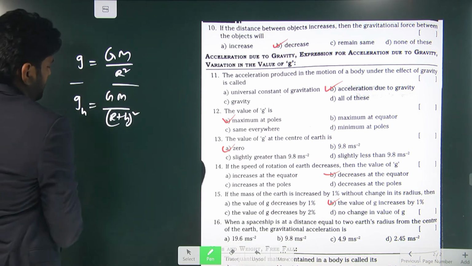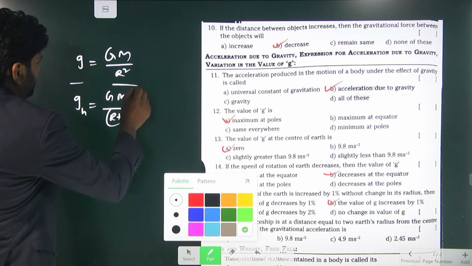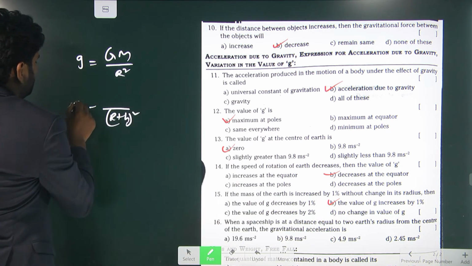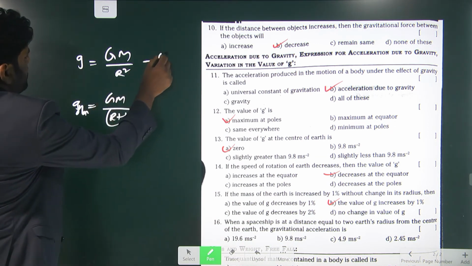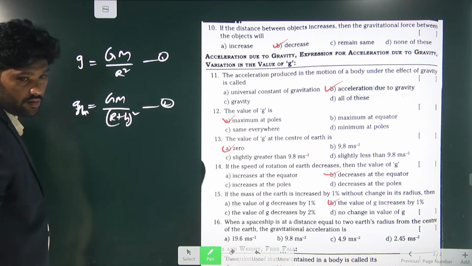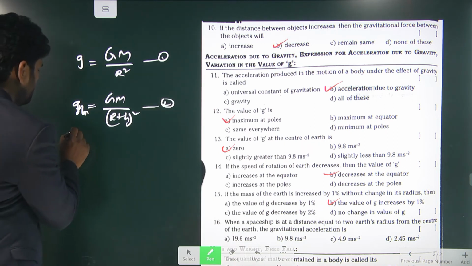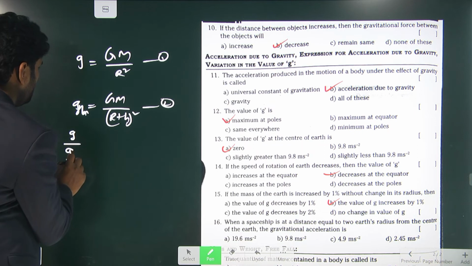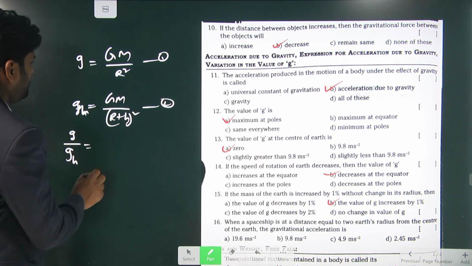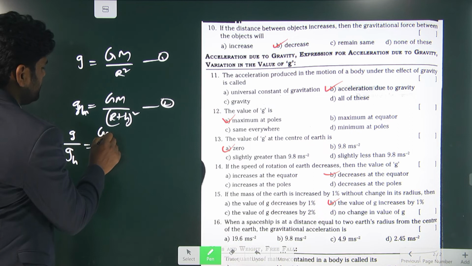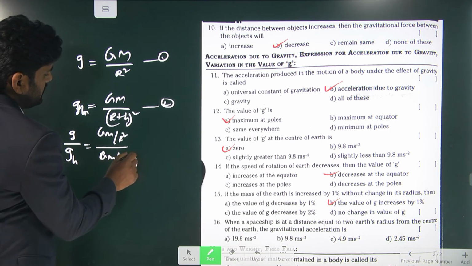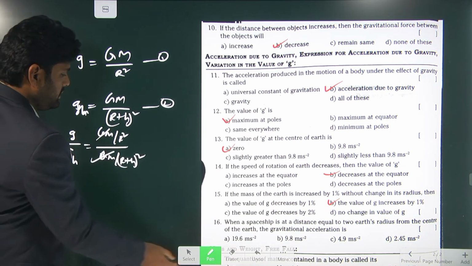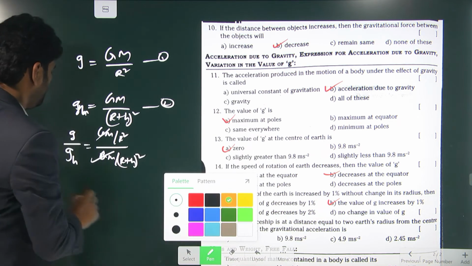Take the ratio of equation 1 and 2: g by g_h is equal to GM by R square upon GM by (R plus h) whole square. GM gets cancelled.